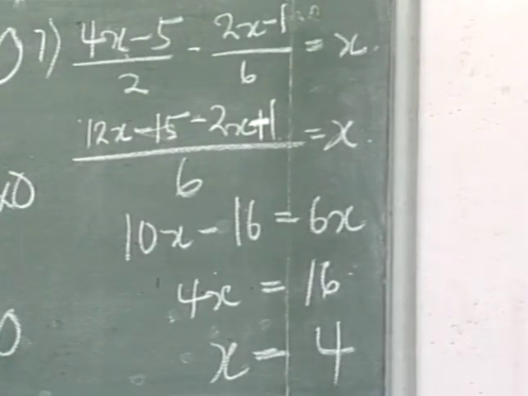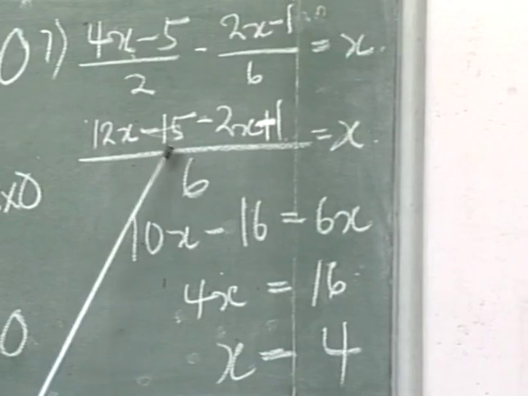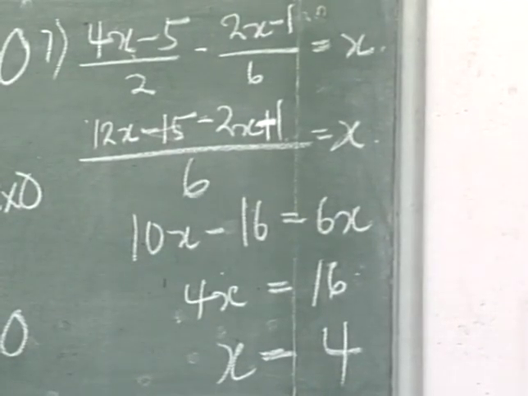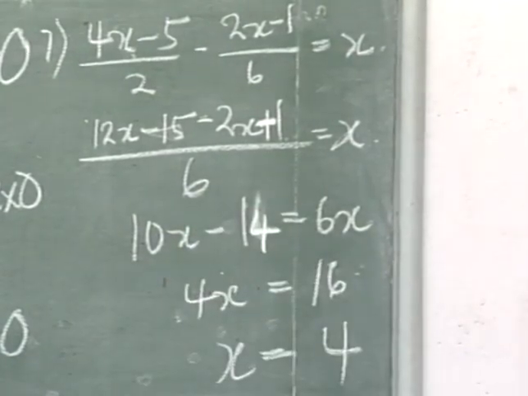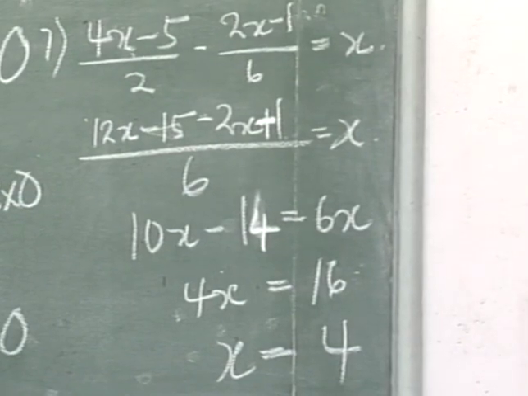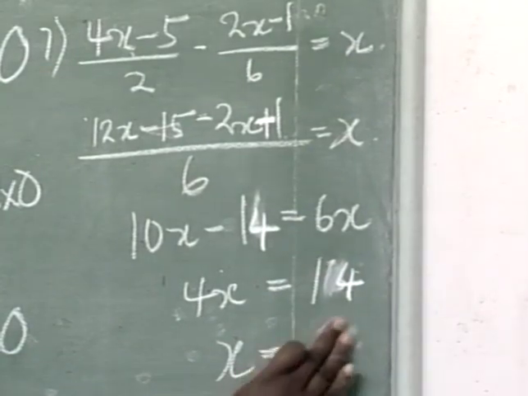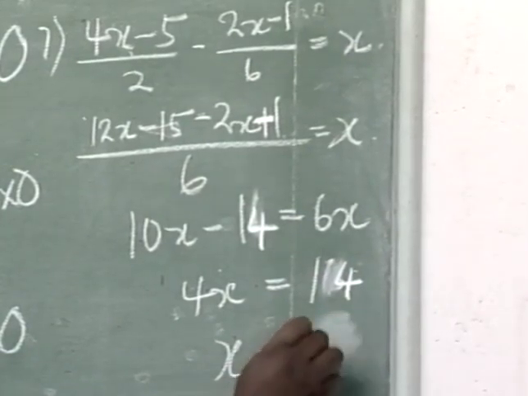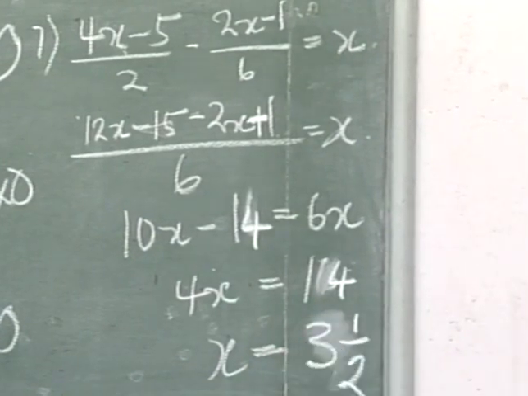So that's minus 2x plus 1 equals 6x. So you are going to get 12x minus 2x is 10x, minus 15 plus 1 should be negative 14. And when you subtract 6x from 10x, you get 4x. 4x equals 14. And x is supposed to be 3 and a half or 3.5.